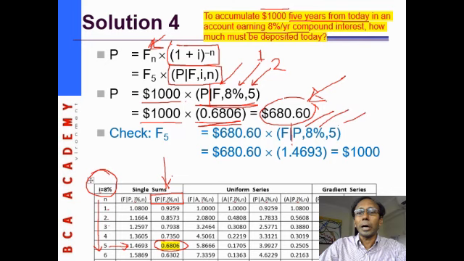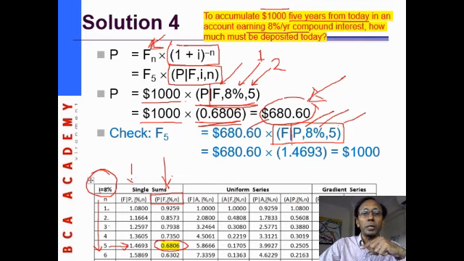So I will be going to this formula. Okay, and my principal is what? Today's value is $680.60, right? So I will be going for this formula, that is the first column of your single sum, and then take this number 1.469 and then multiply with the today's value, which is $680, you will get back the $1,000 in future.